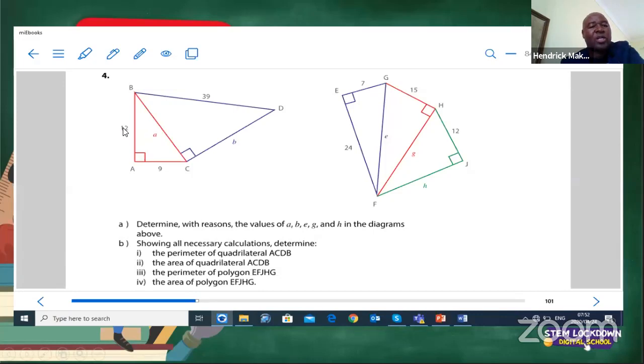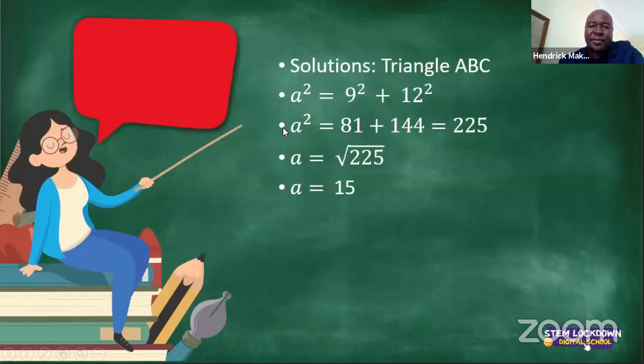squared is equal to 12 squared plus 9 squared. And of course, 12 squared is the same as 12 multiplied by 12, which is 144. And 9 squared will be 9 times 9, which is 81. And thereafter you add the two, 144 and 81. Then you add them together there.